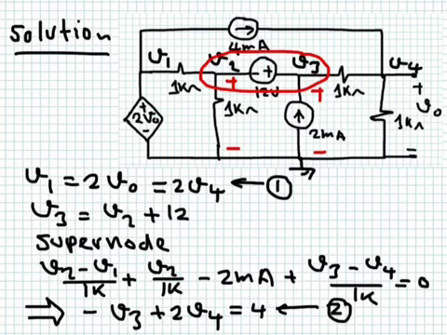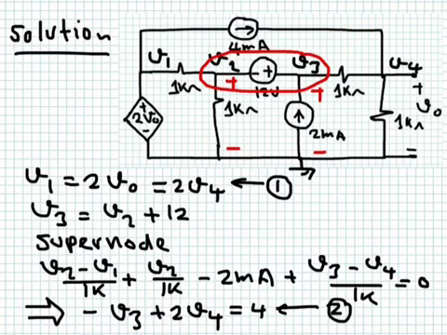After I organized all the terms and collected all the coefficients, I end up with this expression between V3 and V4. This one will give me 2V2, this will give me minus V1, I have V3, I have V4, get rid of V2, write it as V3 minus 12, reorganize, and multiply both sides by 1K. You'll be able to show that you have only one equation between V3 and V4.